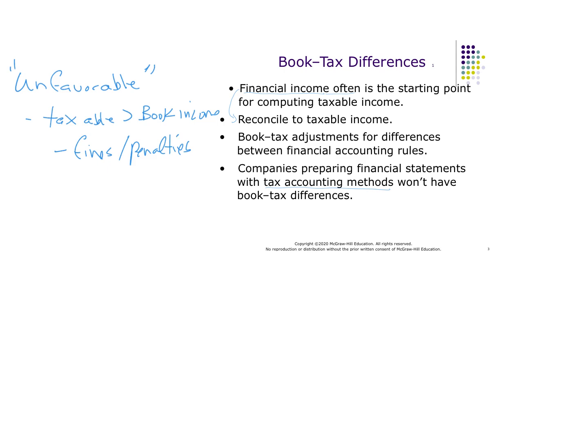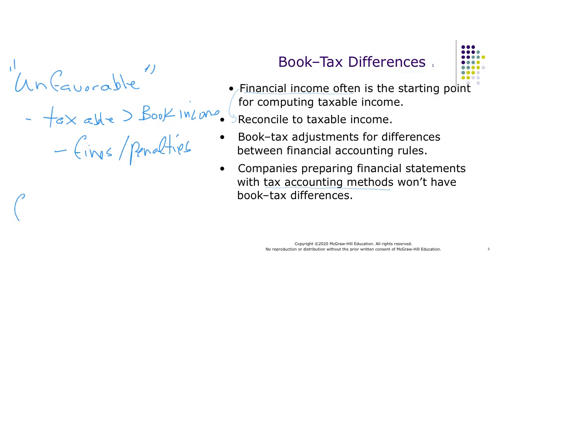The reason that would be unfavorable is because fines and penalties are deductible for book purposes, but they are not deductible for tax purposes. Therefore, you're going to end up with a larger amount of taxable income relative to book income if you have a lot of fines and penalties.